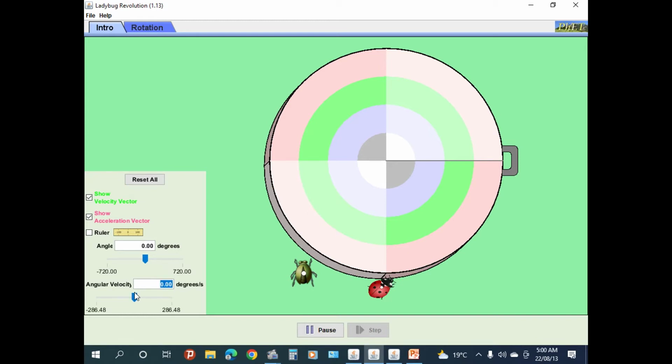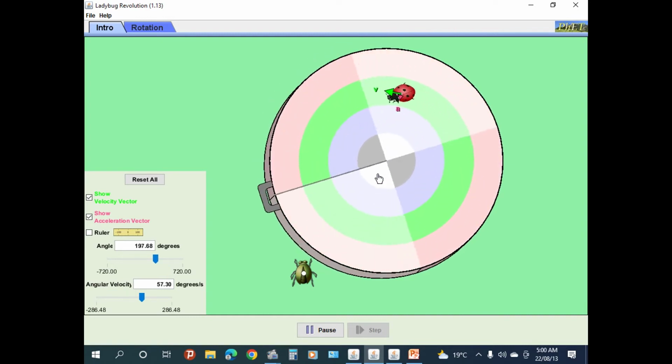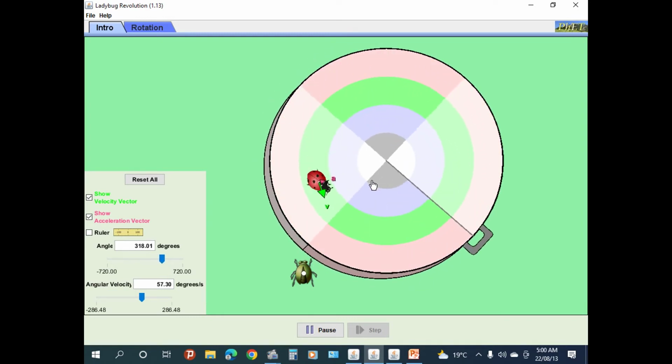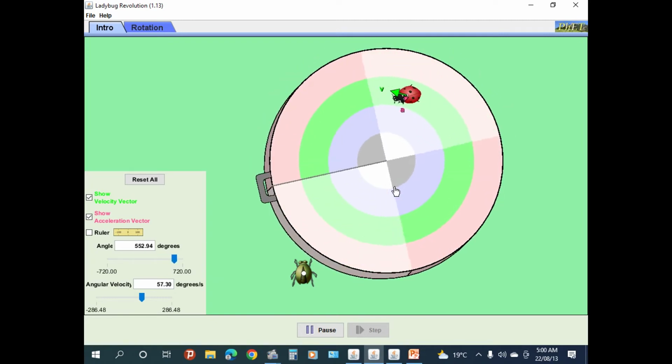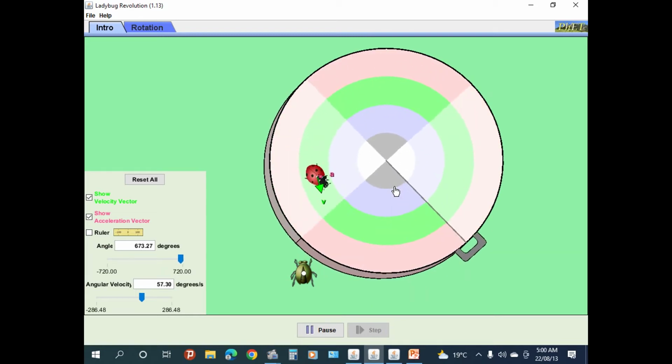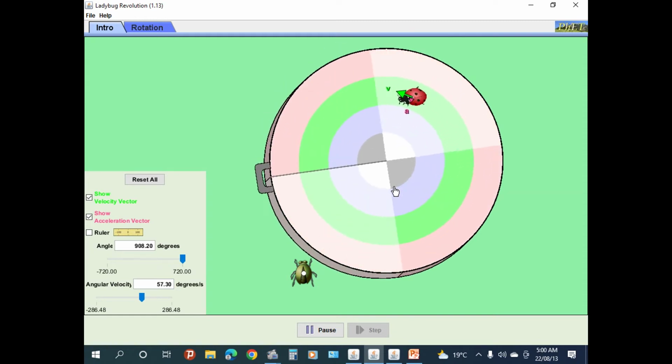The angular velocity can be taken as 57.3, that is, 1 radian equals 57.3 degrees. The ladybug moves with an average angular velocity of 57.3 degrees per second.